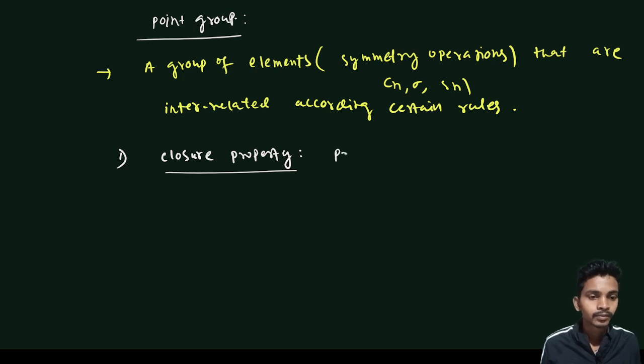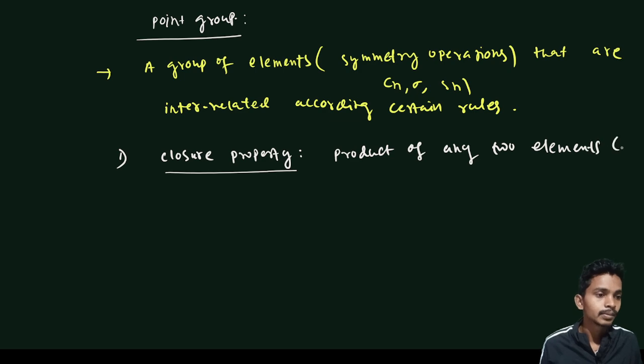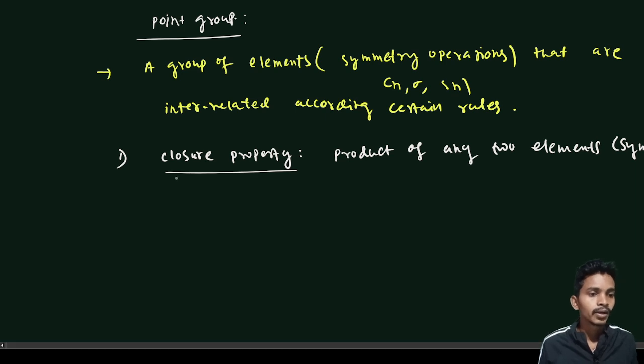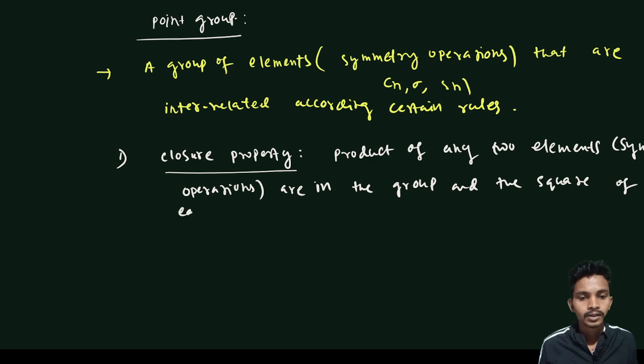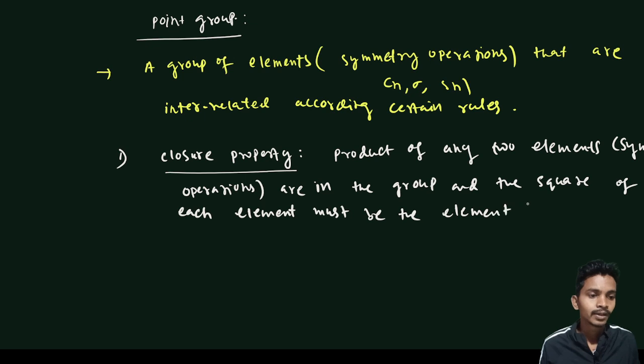Closure property means the product of any two elements, where elements means symmetry operations, are in the group, and the result, the square of each element, must be an element in the group.